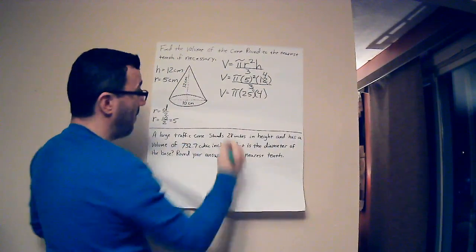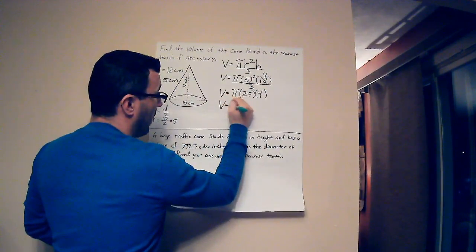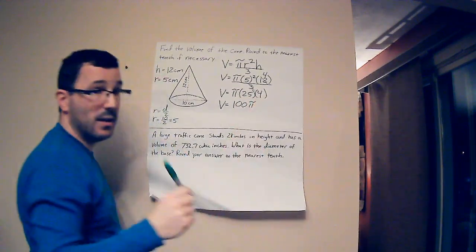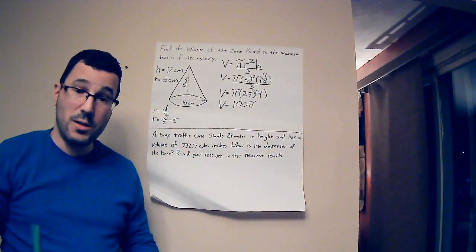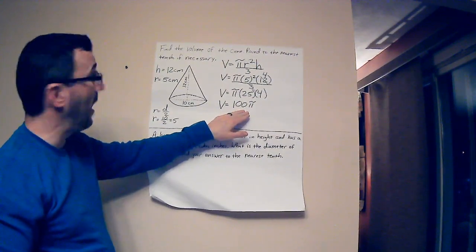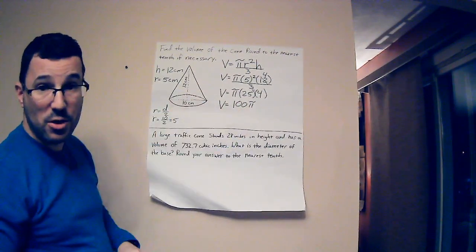So what we really have here, volume equals 100 pi. Remember, if the question says leave it in terms of pi, we would actually stop here and then put our units centimeters cubed.